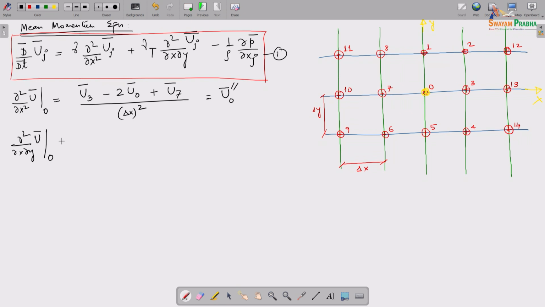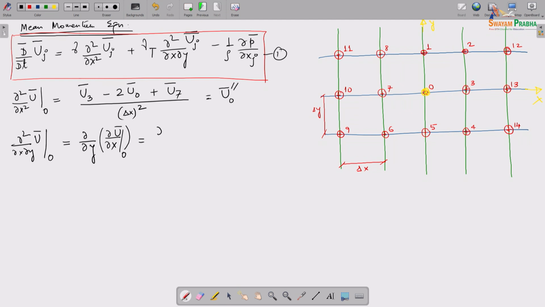Now, this is equal to del y, at 0. So this is del y of del u del x. So let us do that.